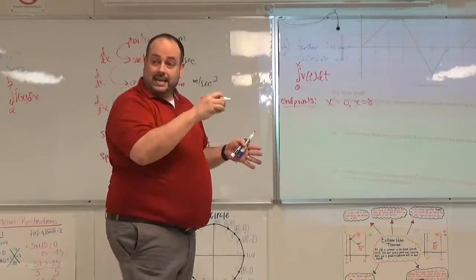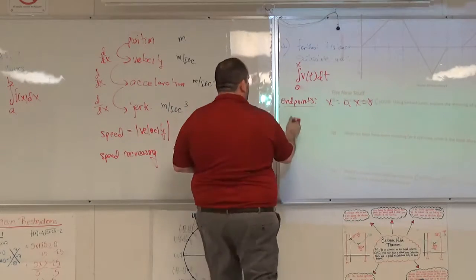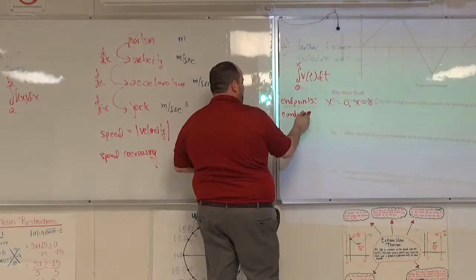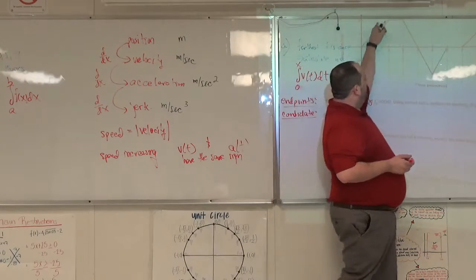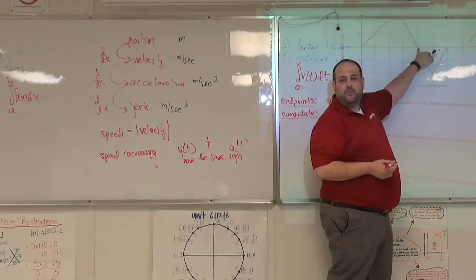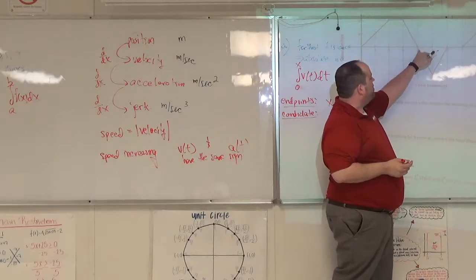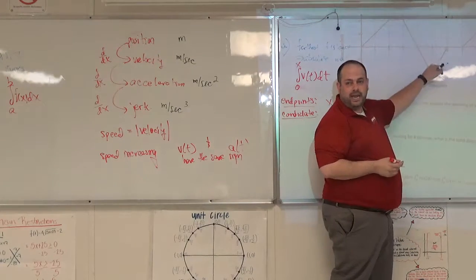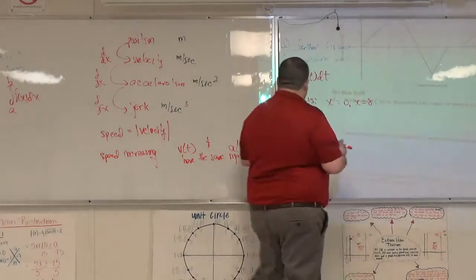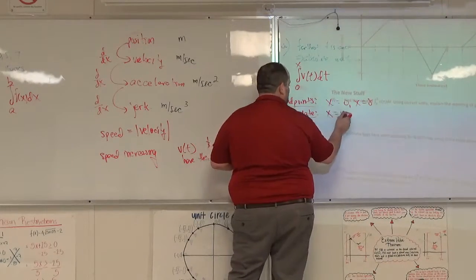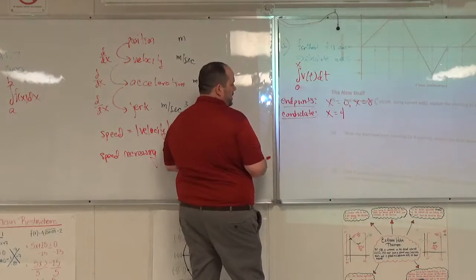You check candidates, like internal candidates. Where might I actually have been farthest away? At t equals 4, because at t equals 4, my velocity changes from positive to negative. I stop going forward, I start coming backwards. And so my candidate is going to be t equals 4.